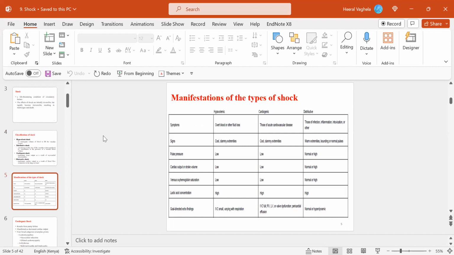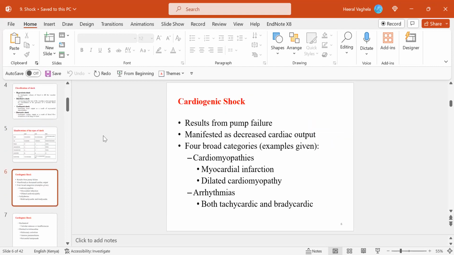So when you look at the differences, hypovolemic and cardiogenic are the same, where some of the signs would be cool extremities, while in distributive, because it's still vasodilation, there'll be warm extremities. Cardiogenic shock can be caused by myocardial infarction, dilated cardiomyopathy, or arrhythmias.